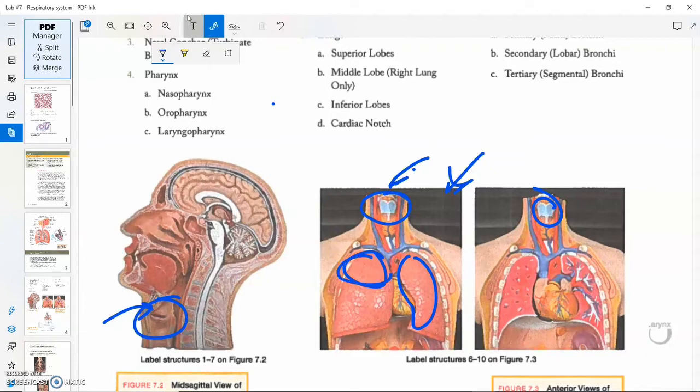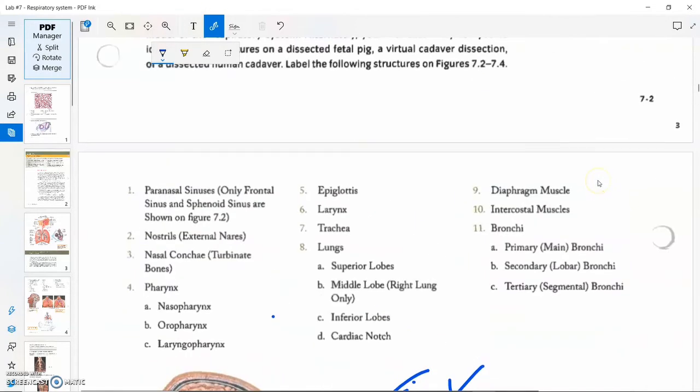Middle lobe in the right, and inferior lobes of the right and left. This depression here is called a cardiac notch. So the left lung is smaller than the right.